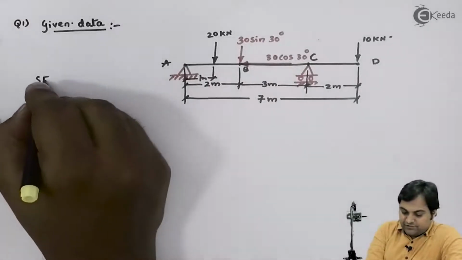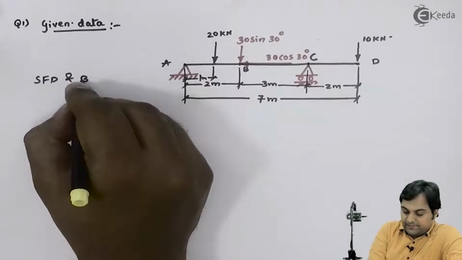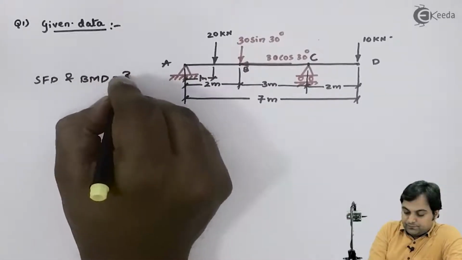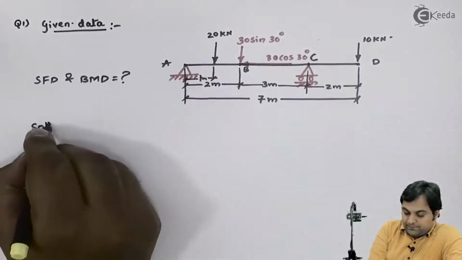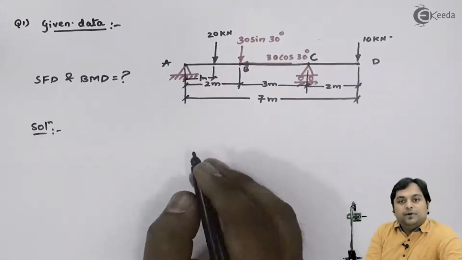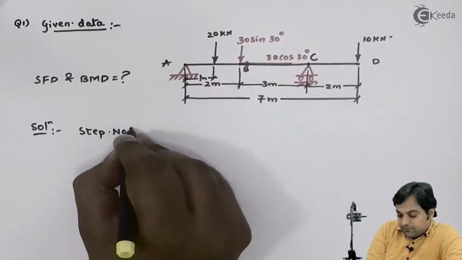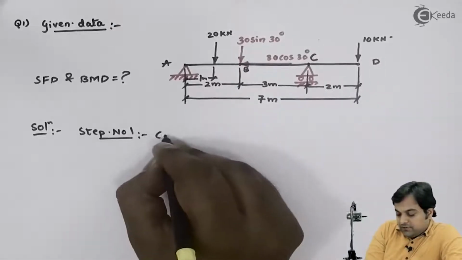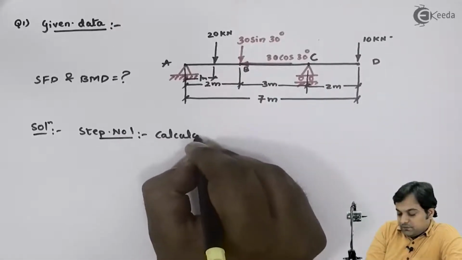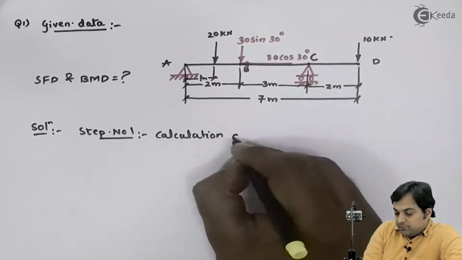Now let us try to solve this problem. The question is shear force diagram and bending moment diagram. Solution. I will write down step number 1. Calculation of support reactions.